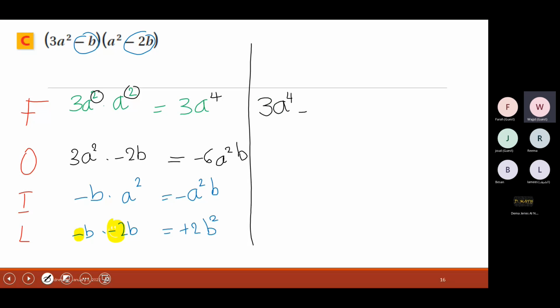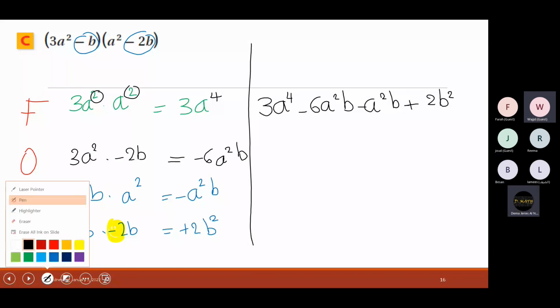Okay, thank you. Yes, Bisan, continue. Yes, teacher. Now we will take negative 6a squared b, bravo. Then minus a squared b, plus 2b squared. Thank you.